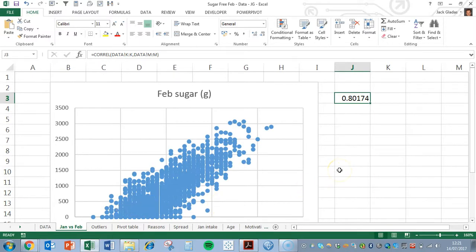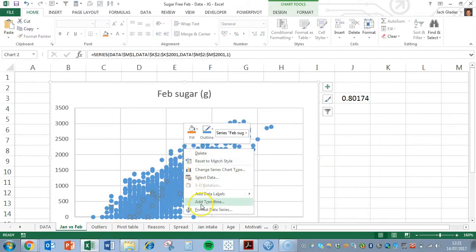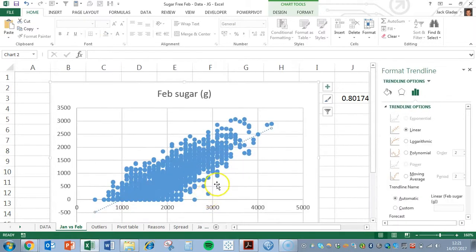Now, we can go one step further, and we can use this strong relationship to make some predictions. If we right-click on the scatter plot and select Add Trendline, which might also be called a line of best fit or a regression line, this is the line that is as close to all the points as possible.